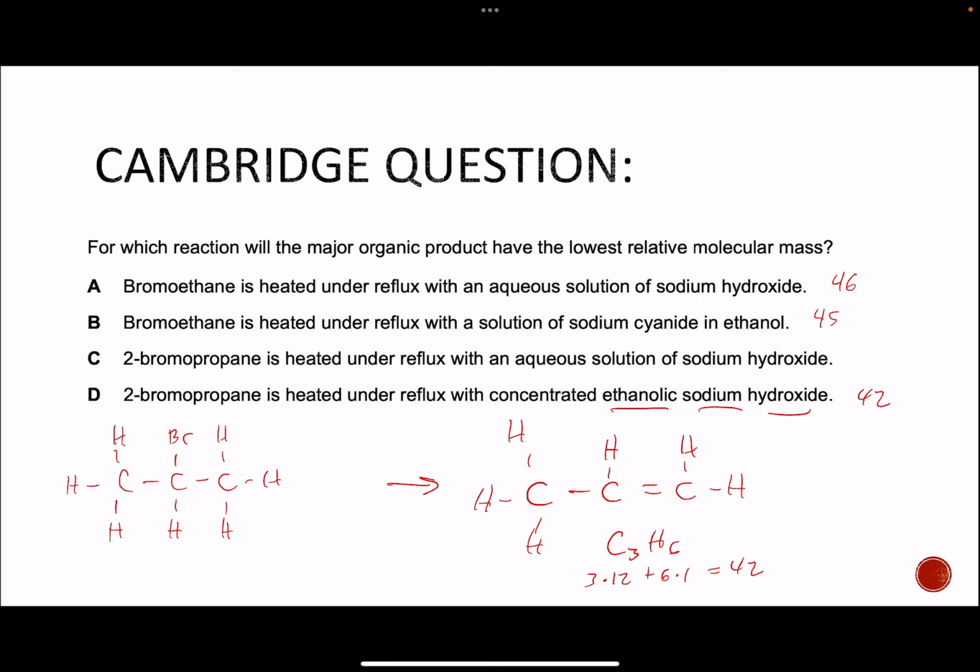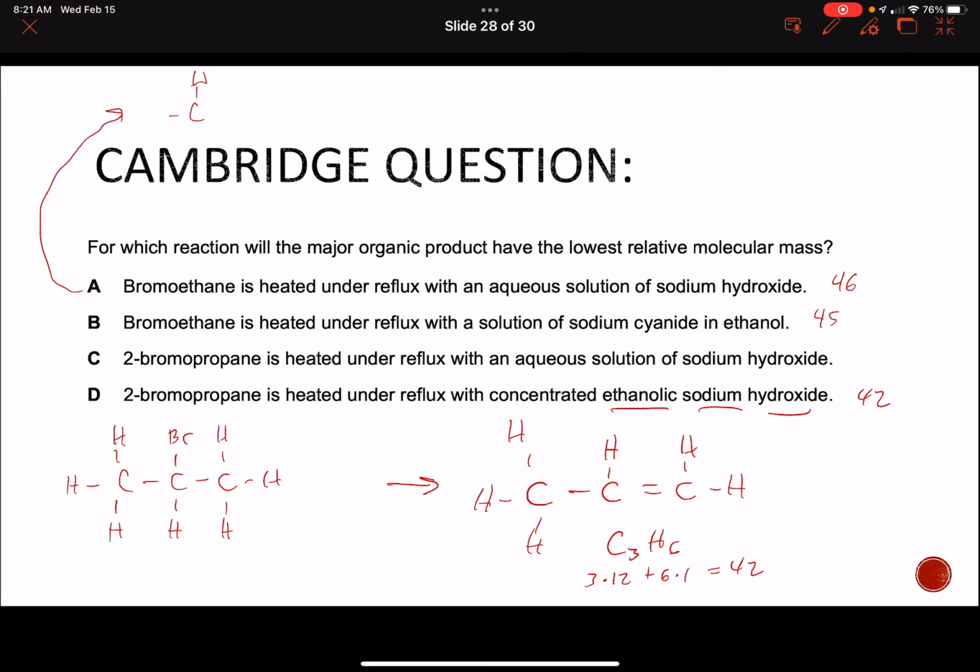Just for posterity, I'm going to show you A. So looking at A, bromoethane. It's heated under reflux with OH minus, and so substitution takes place, and you get, instead of the bromine, an alcohol here.